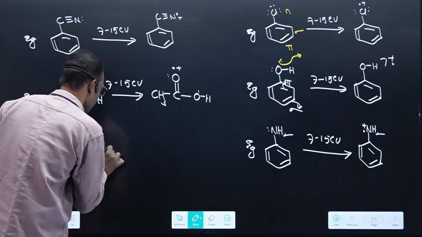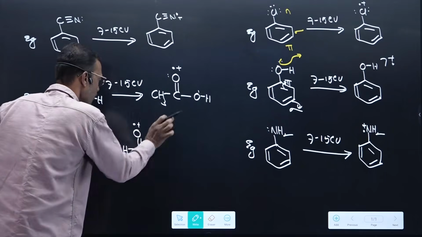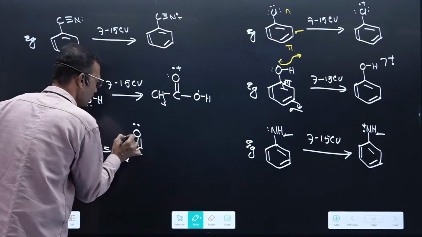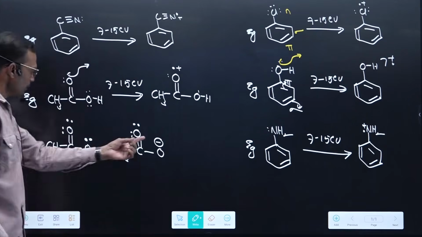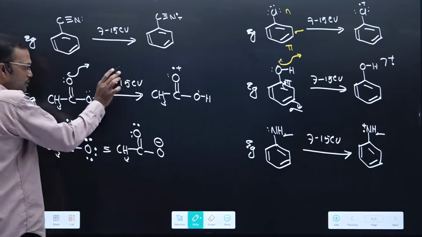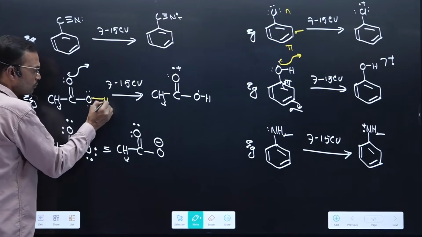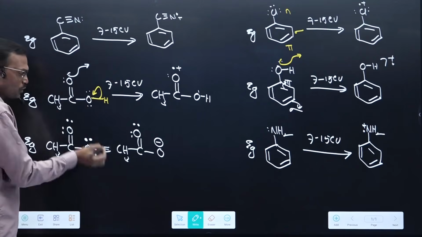This is the acetate ion. Acetate ion means CH3 double bond O, here a lone pair and here also a lone pair, and here I can write the negative charge. This and this both are the same. When acetic acid loses a proton, you will get this one.